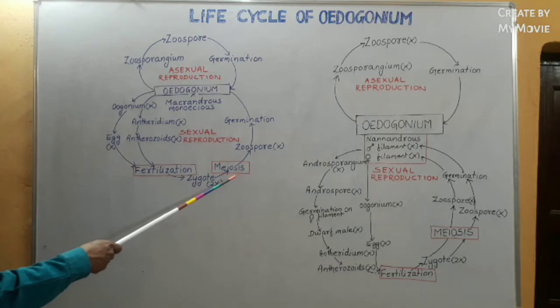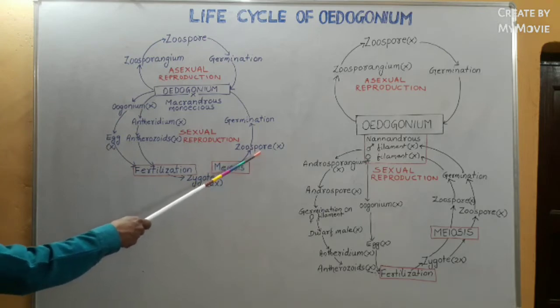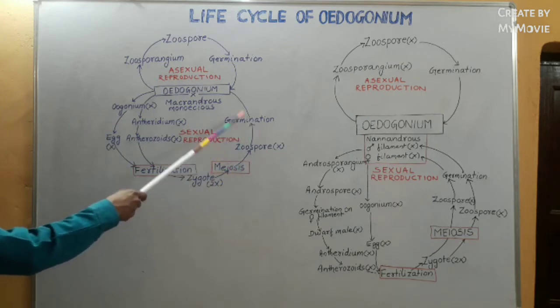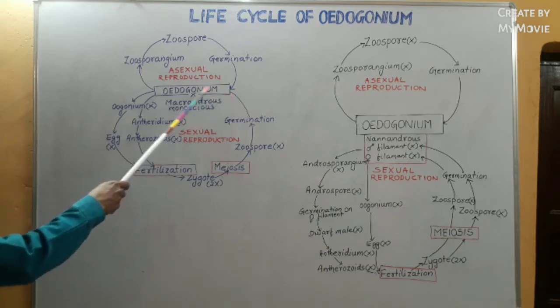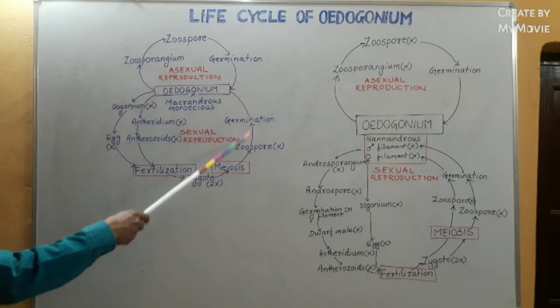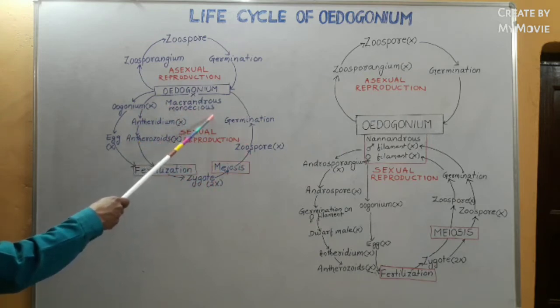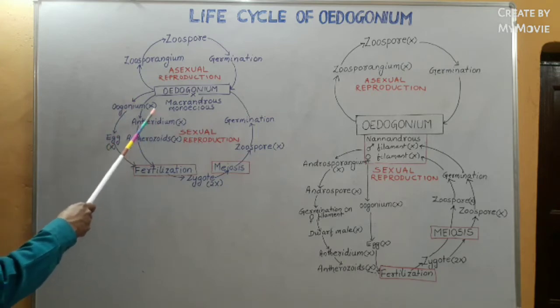Each haploid nucleus transforms into zoomeiospore, and the zoomeiospore can germinate to form a new filament of Oedogonium. This is about the sexual reproduction in Macrandrous monoecious species. In this species, oogonium and antheridium are borne on the same filament.